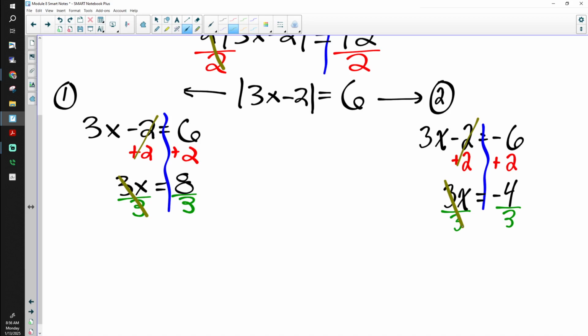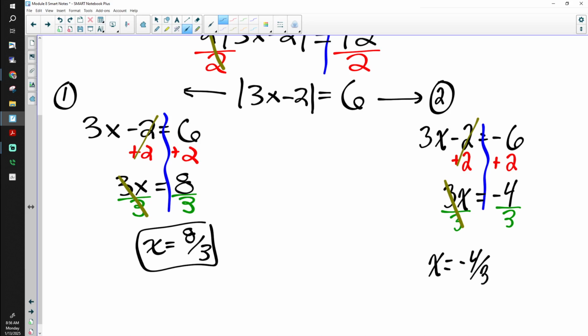Can you divide 8 by 3 and get a nice whole number? No, so we're just going to leave it as 8 over 3. We're at a point where it's better for us to not write decimals because we don't want to have to round. It's better to keep your answers pure. Can't divide negative 4 by 3, so I'm going to leave it. X equals negative 4 over 3. Those are the 2 answers to that absolute value.